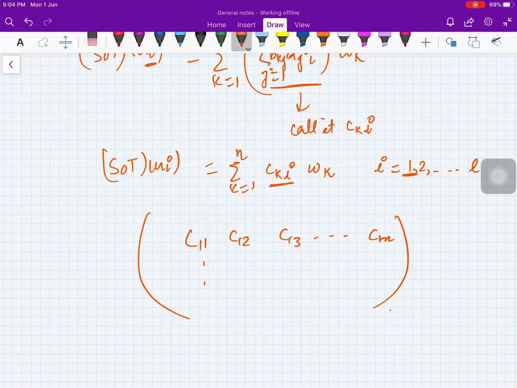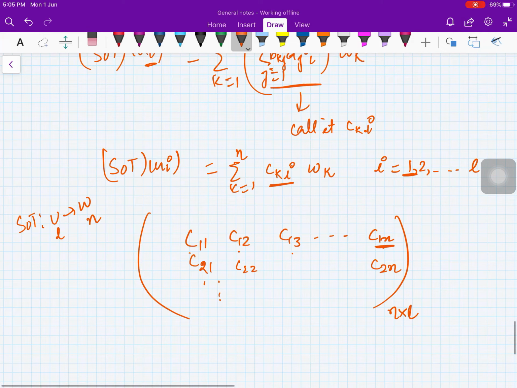This will be how many? L columns, because S composed with T is from U to W. This is L dimensional, this is N dimensional. So your matrix will be N cross L. So there will be N rows and L columns. So you will have C11, C12, C13, and C1n, and then C21, C22, and C2n, and so on.